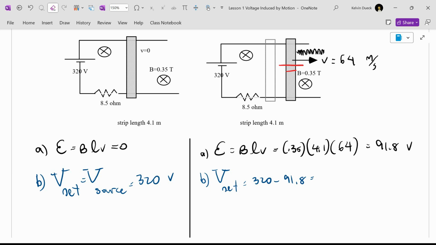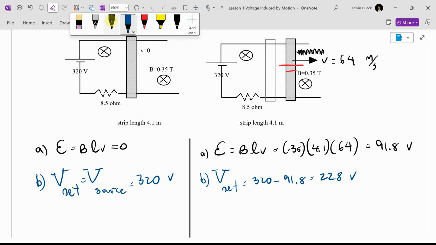Which is what? 228. So at this moment, the net or the overall voltage is smaller.